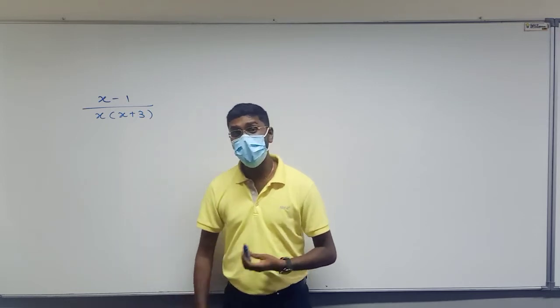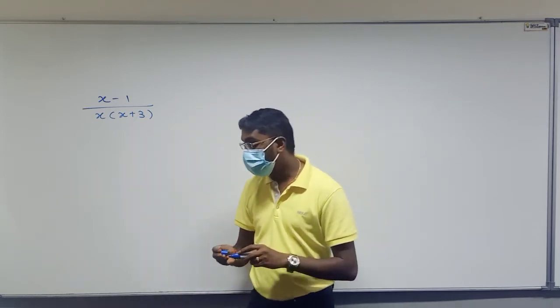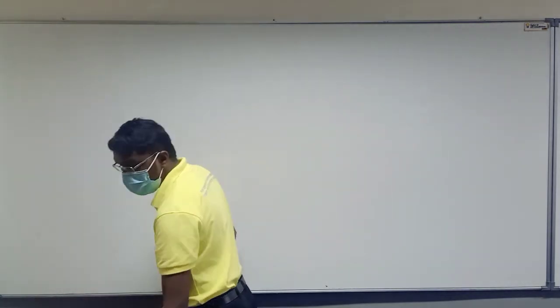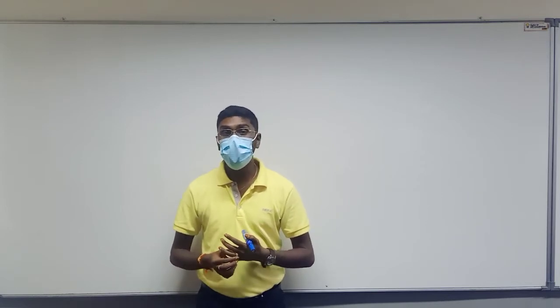Then, what is meant by improper fraction? In an improper fraction, the maximum power of x in the numerator is equal to or greater than the maximum power of x in the denominator.